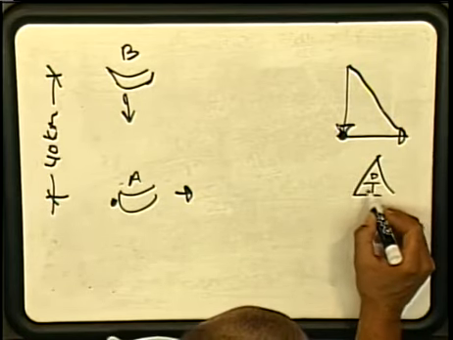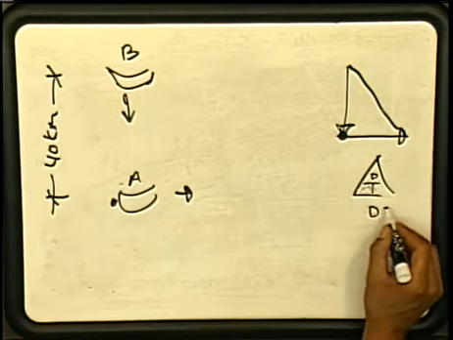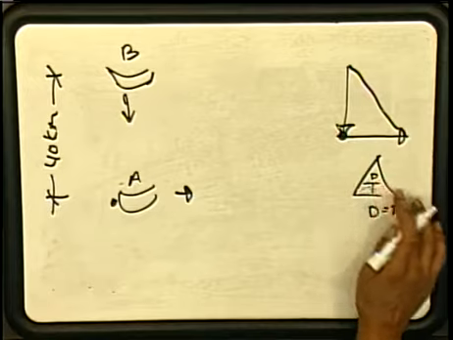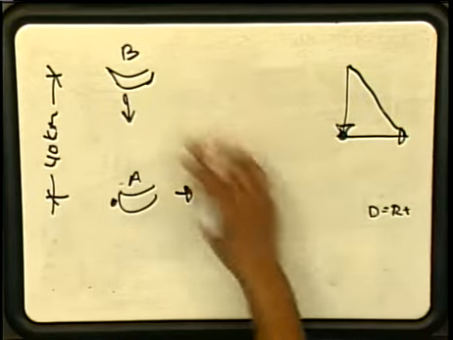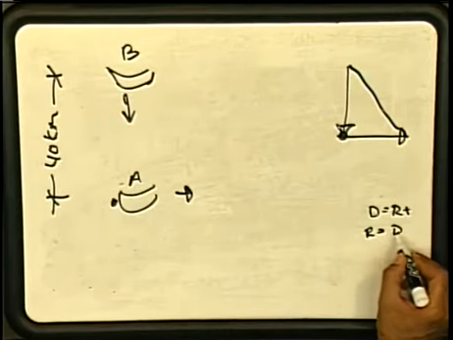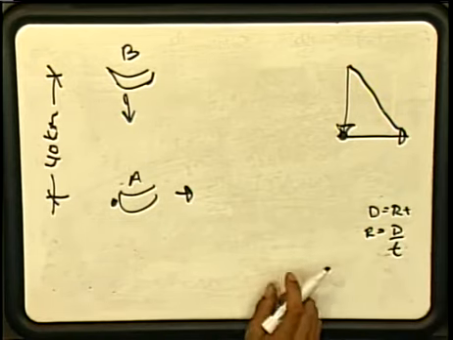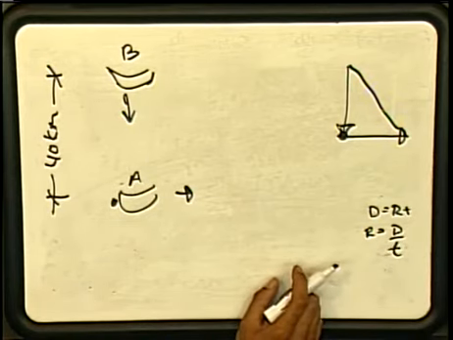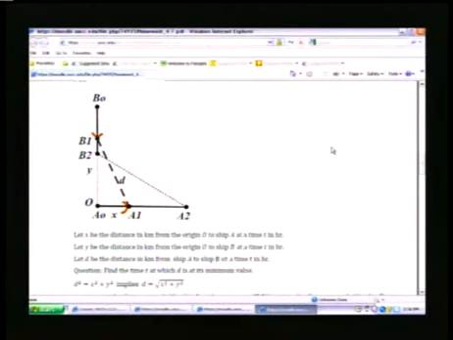Distance equals rate times time. Rate equals distance over time. Let D be the distance in kilometers from ship A to ship B at time t in hours. Find the time at which D is at a minimum value.